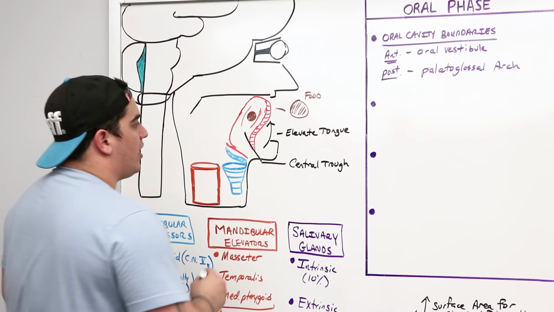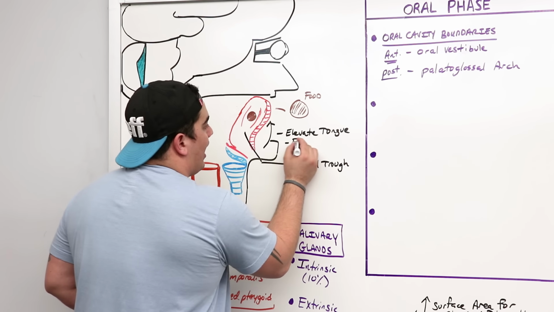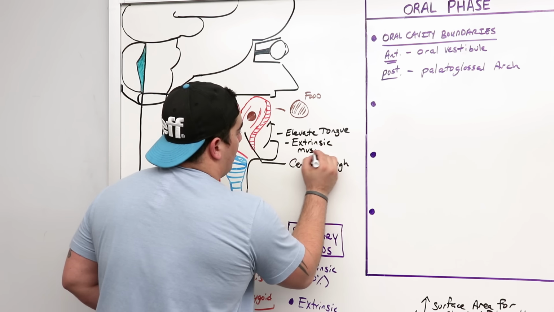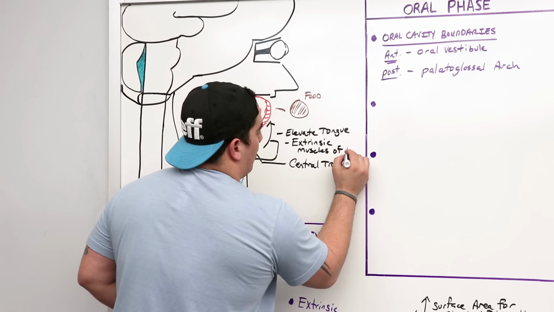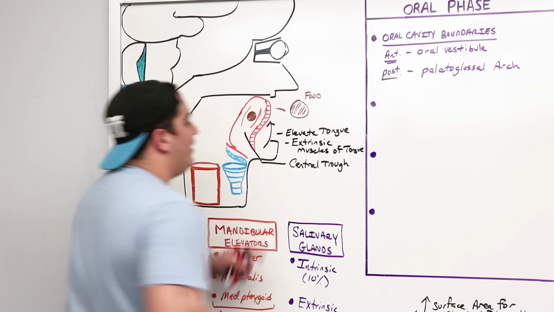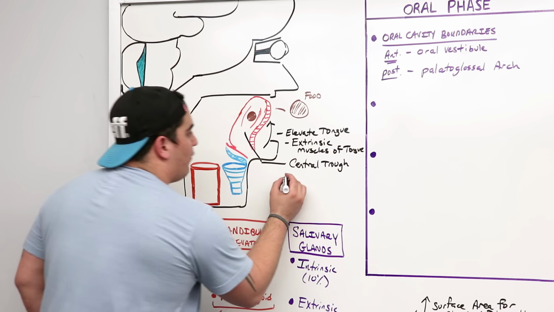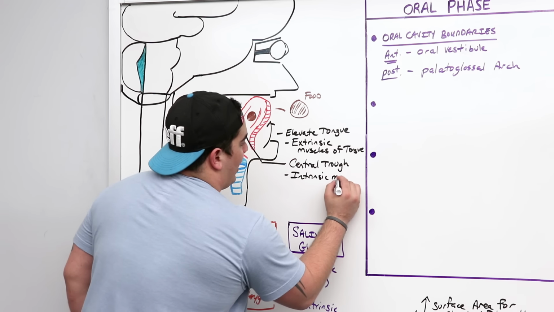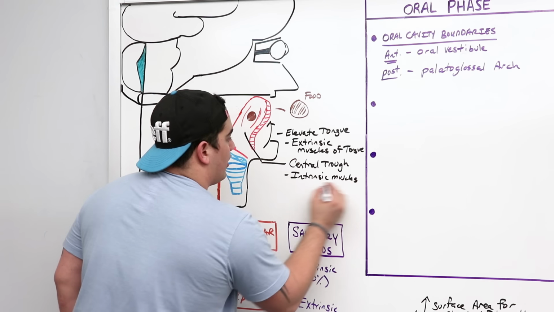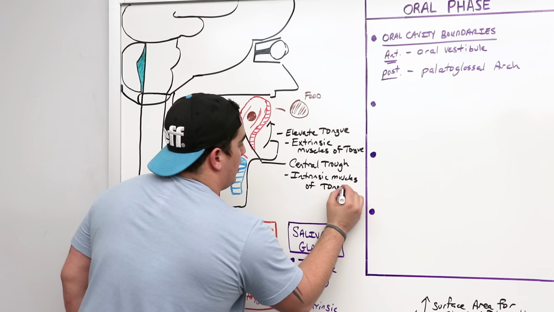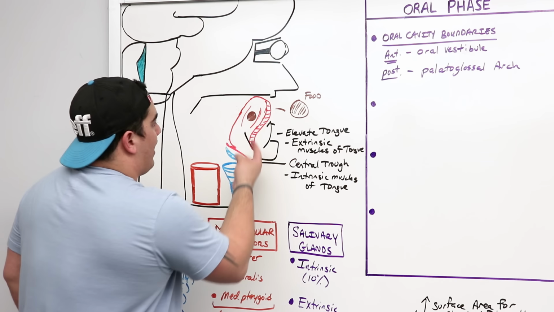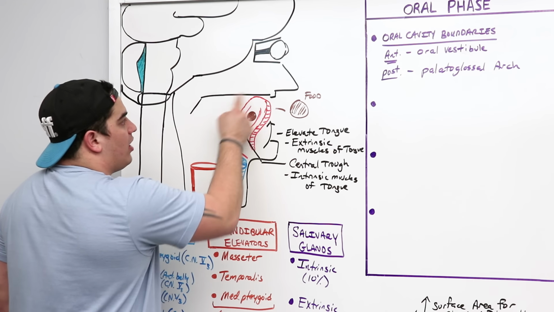The elevation of the tongue is carried out by the extrinsic muscles of the tongue, and the central trough is formed by the intrinsic muscles of the tongue. And we'll label these when we go over there. Okay, cool. Now, once we've done that, we have the actual tip of the tongue at the hard palate.